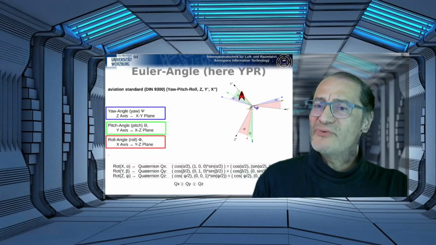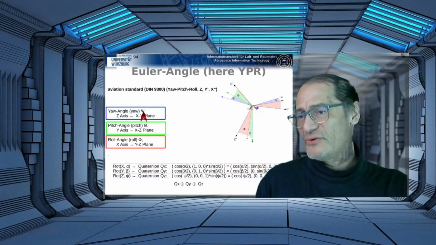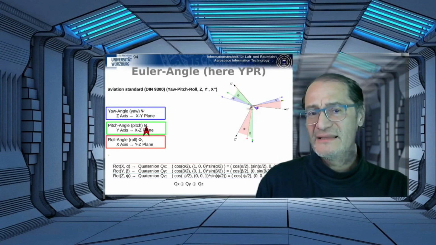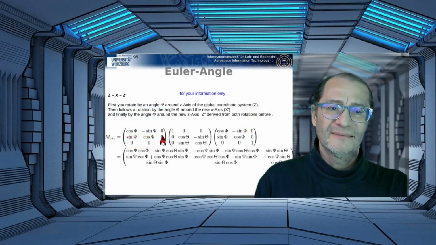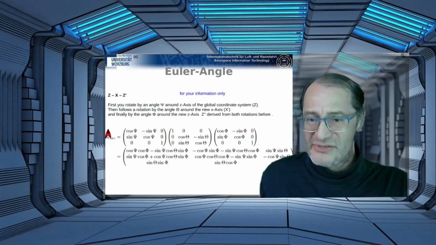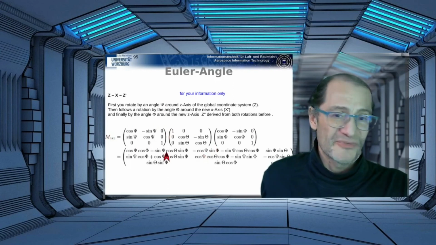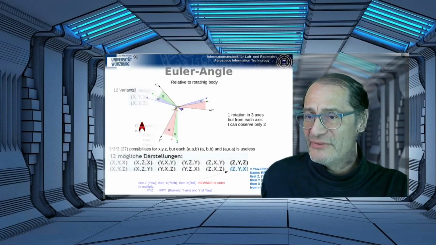Okay, and this is what we are using for yaw, pitch, and roll. This is the standard. This is the sequence of rotation, first in Z, then in Y, and then in X. Okay, and just to show, for all of these combinations of axes, you can create a rotation matrix. For these 12 combinations, let's go a few slides back.